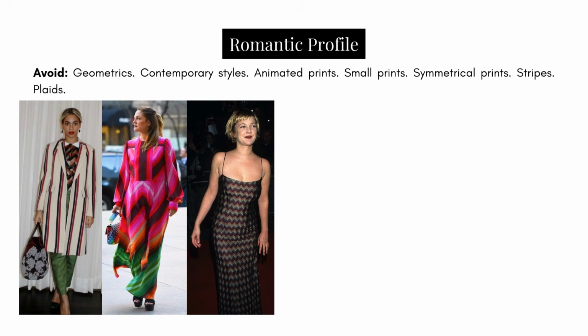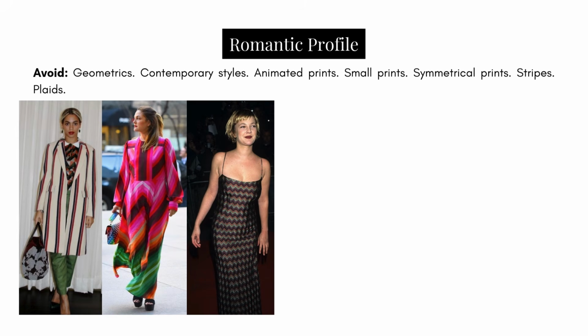Avoid geometrics. So we saw this picture earlier of Beyonce with that geometric shirt and the stripes of this jacket. Too geometric, too stark against her. It doesn't suit her. Likewise, Drew in this neon geometric piece. It's a little bit too geometric, and also avoid contemporary styles, which I think works again because this feels like a very contemporary pattern.